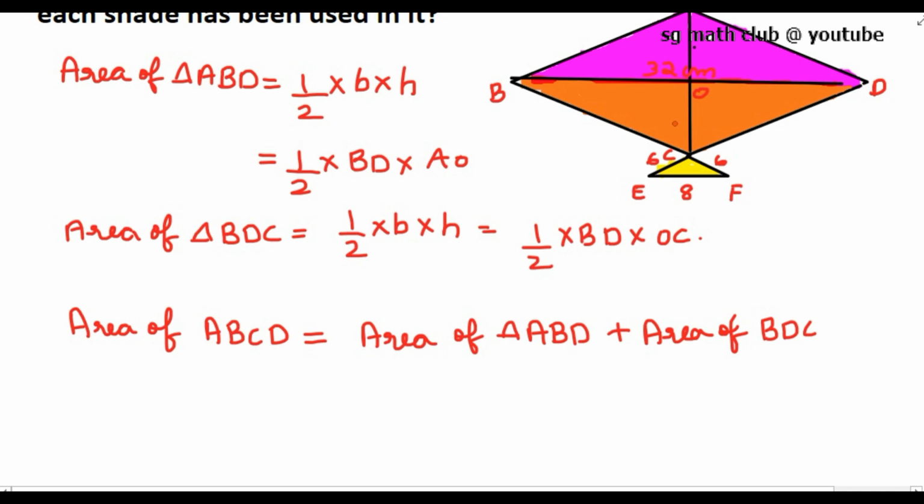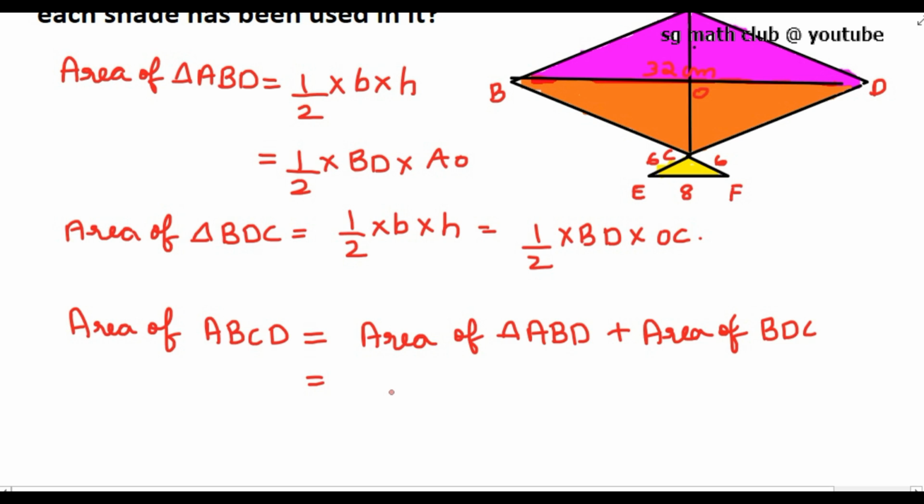When you add these two triangles, we will get the square ABCD. So why am I using this? Because they have not given the sides of the triangle or base or height of the triangle. The only data they have given is the diagonal of the square. So I have to include that data to solve this problem.